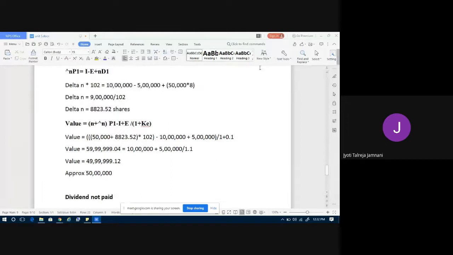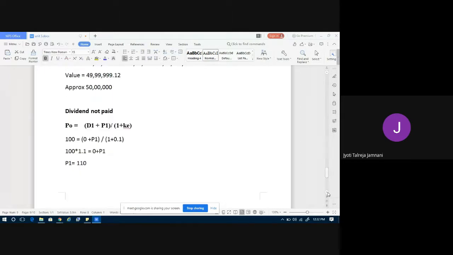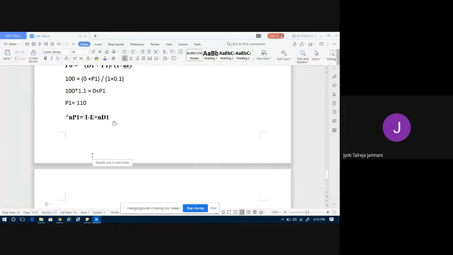Now we'll find the new shares. So delta N into P1, which you found out is 110, is equal to I, 10 lakh, minus E, 5 lakh, plus N into D1.